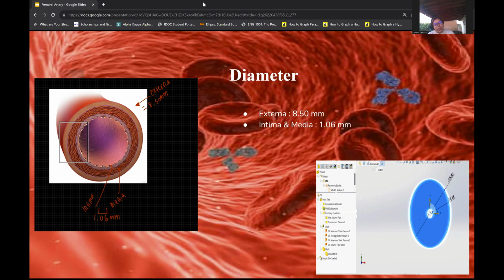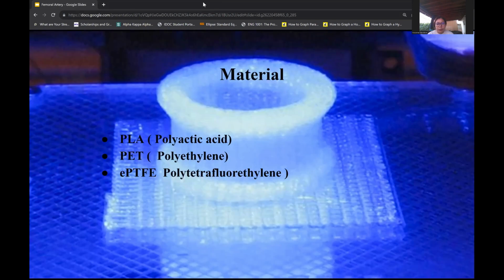So I put the externa, which would be 830 millimeters, and then 1.06, which were found in journals based on adult males over the age of 25. Okay. Now, the material would be, like I mentioned, PLA, PET, and EPTFE.